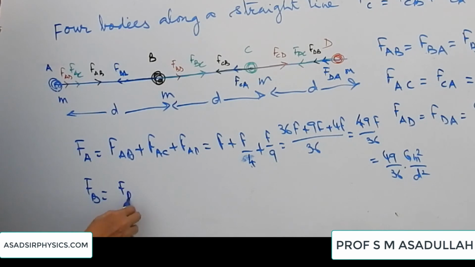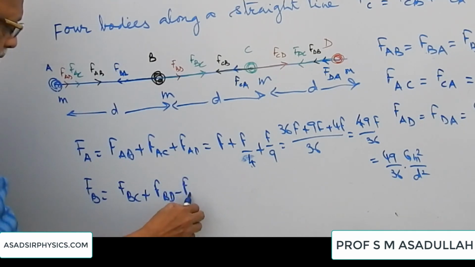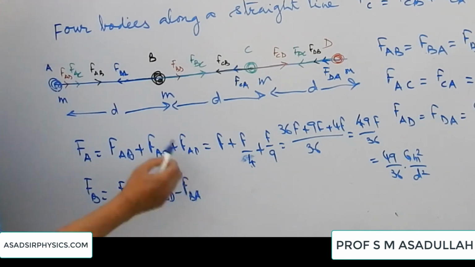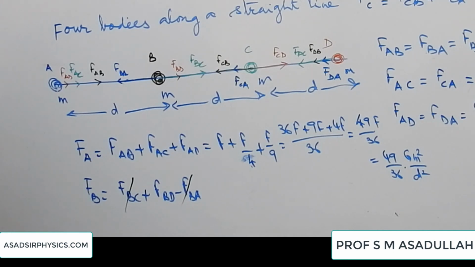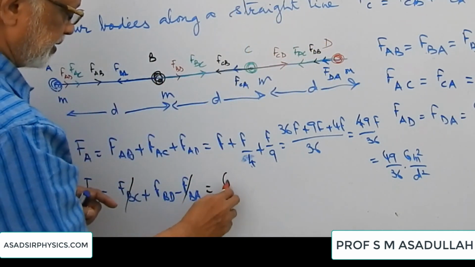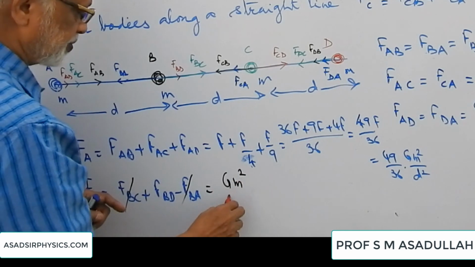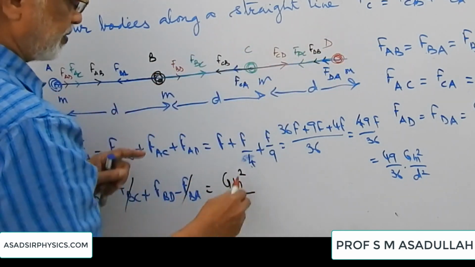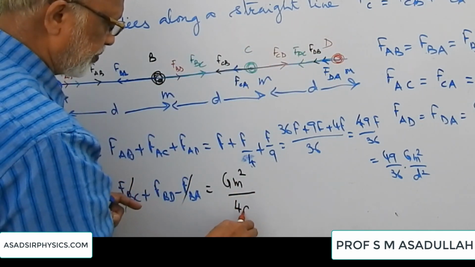FBC plus FBD minus FBA, because it is in opposite direction. FBC and FBA can be cancelled. So what remains? Only FBD remains. FBD from here to here, that is G m into m by 2d whole square, that means 4d square.